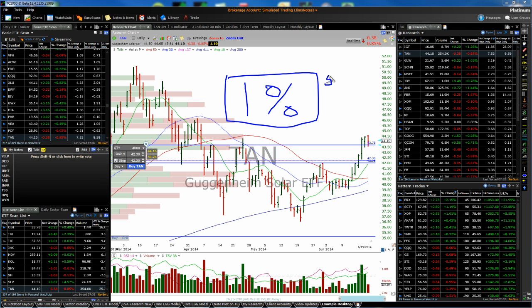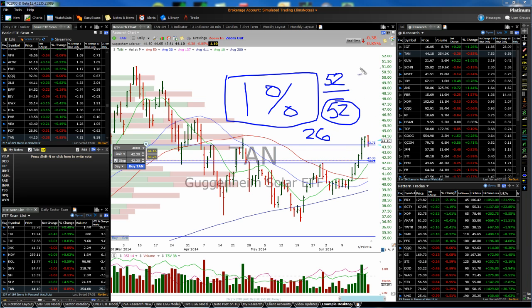Because we average 52 trades a year. If all of them are profitable, we make 52%. If only half of them are profitable, we make 26% on those, assuming we didn't lose a lot of money on the eggs that made money versus those that lost money.